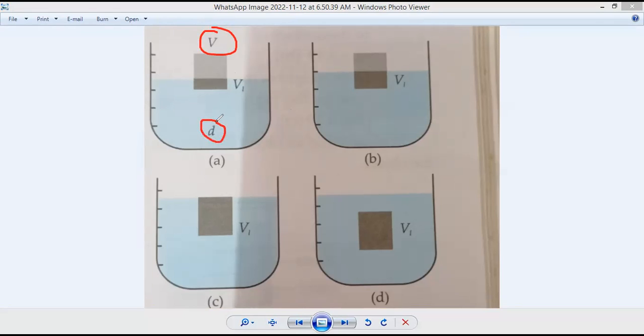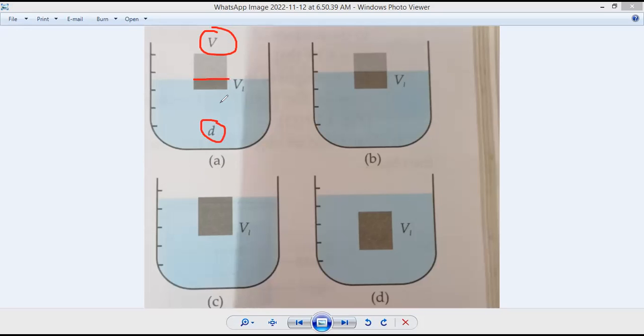Now here, Archimedes principle states that the buoyancy force exerted on a body is always equal to the weight of the volume of the liquid displaced. Is it true or not, everyone? Yes or no? Yes. So whatever liquid is displaced by the immersed portion of the body is equal to the total weight of the body.